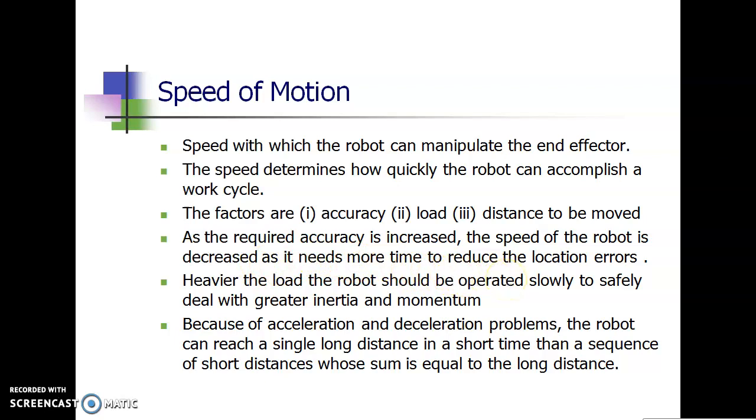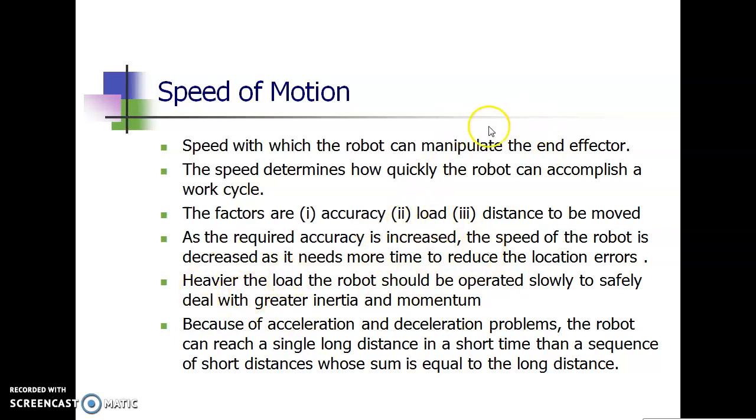Sometimes if the speed of motion gets increased, it will reduce the accuracy. To avoid that, you have to reduce the speed of motion, because whenever the speed of motion increases, this may cause more mechanical inaccuracies, and that will reduce the accuracy of the robot. So if you want more accuracy, then the speed of the robot is decreased.